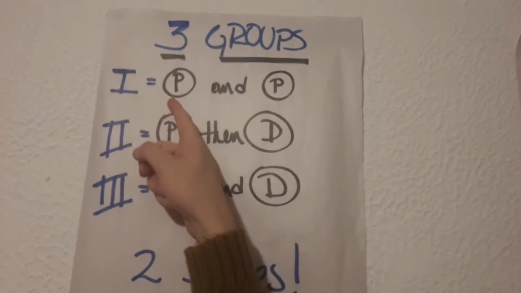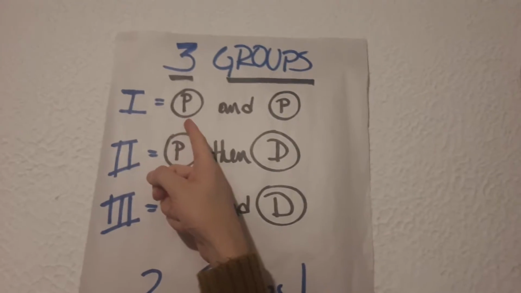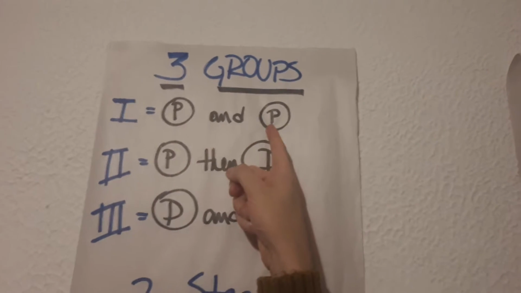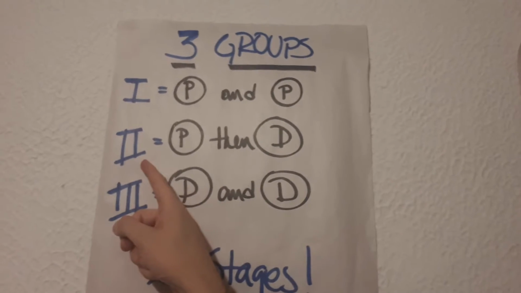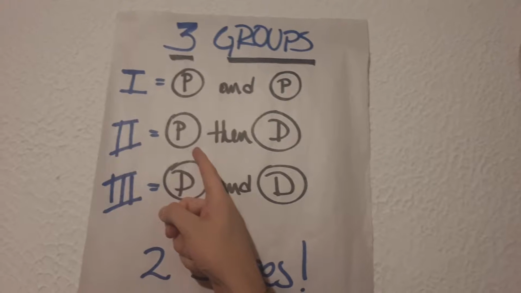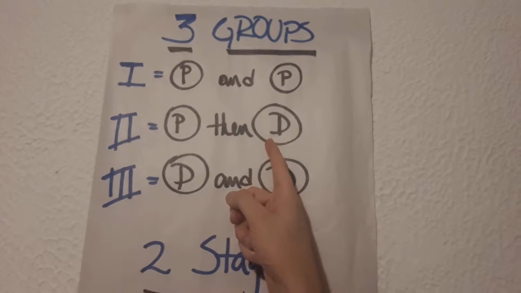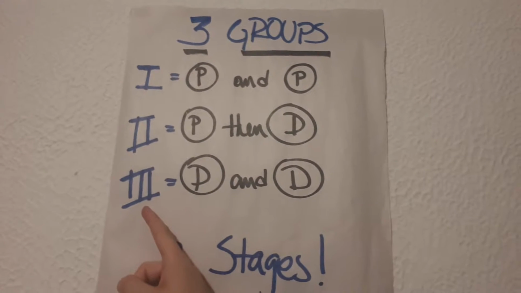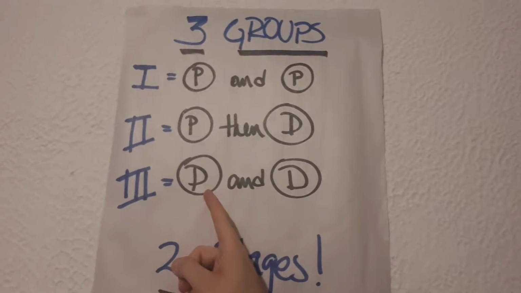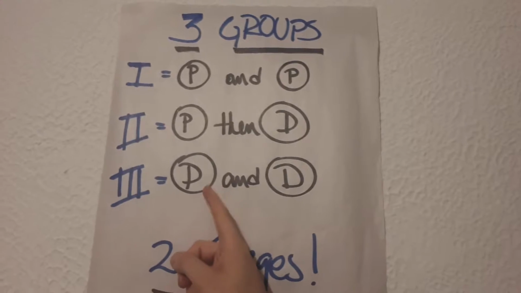One group is going to have placebo in the first stage and placebo in the second stage. The second group is going to have placebo in the first stage and then the drug or the intervention in the second stage. And the third group is going to have the drug intervention in both stages, in 1 and 2 stages.